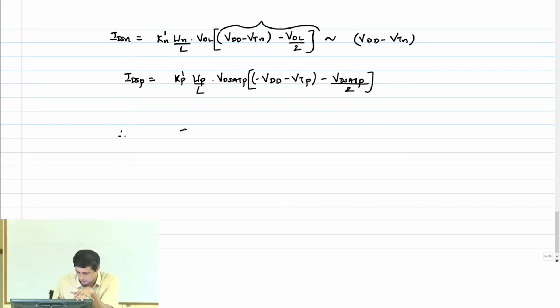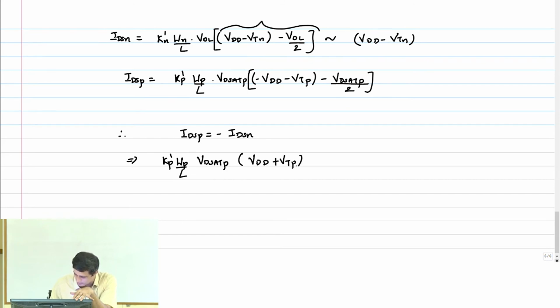Therefore, I will now say IDSP equals minus IDSN, which implies Kp prime Wp by L into Vd sat P into VDD plus VTP plus Vd sat P by 2.